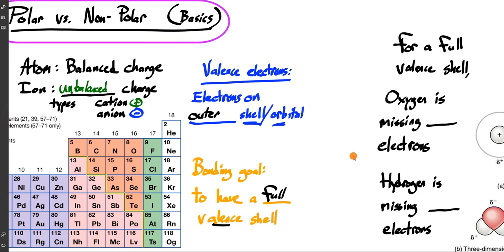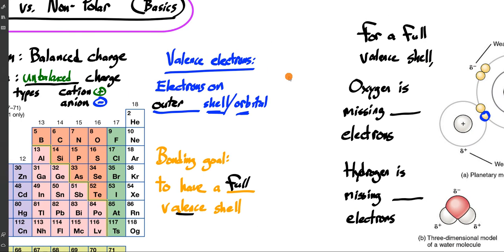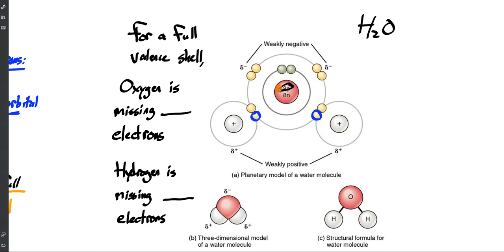So if we look at something like water, water has 8 protons. Sorry, oxygen. Water is H2O. The oxygen part of water has 8 protons. We can look back here. Oxygen is atomic number 8. That's 8 protons. And therefore, it comes with 8 electrons.